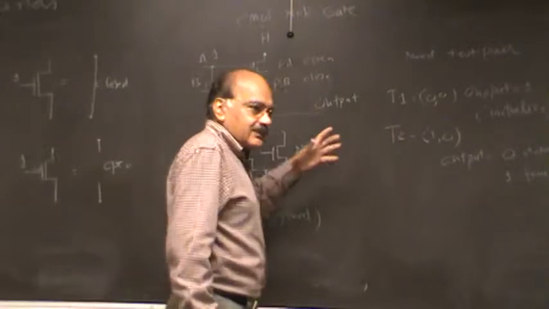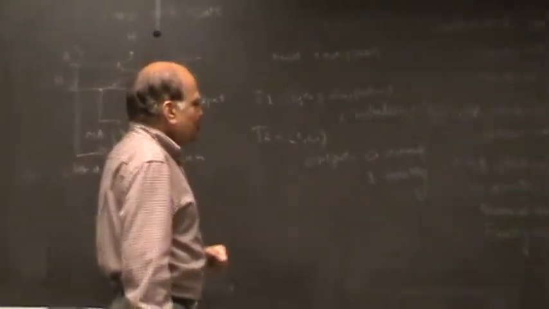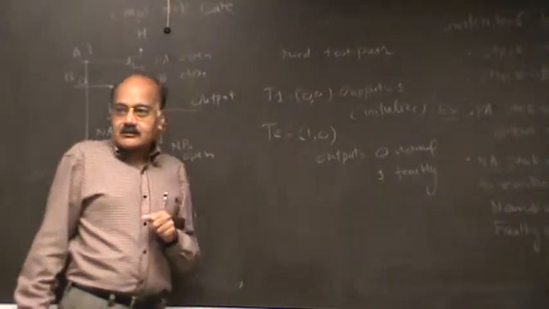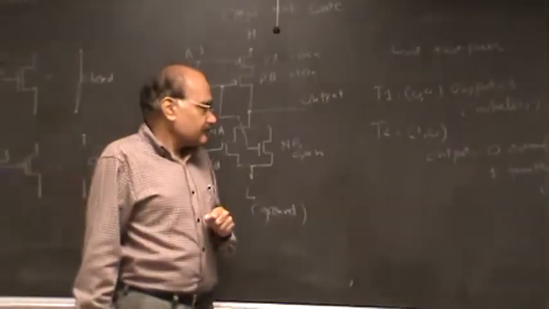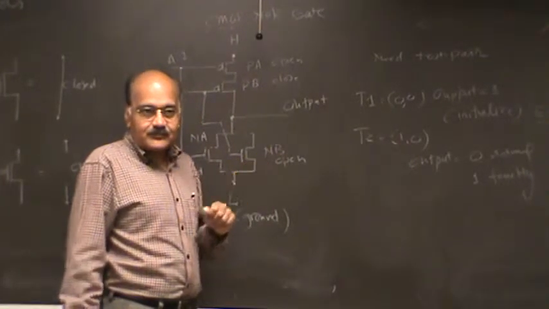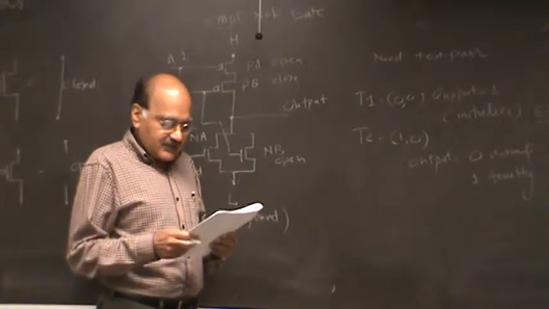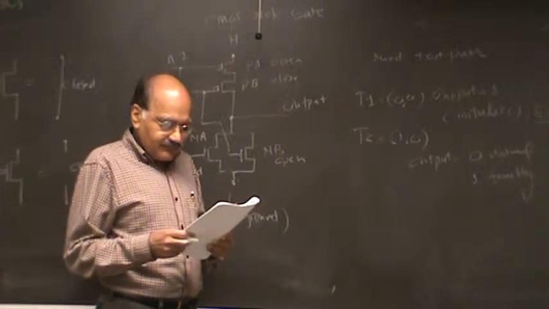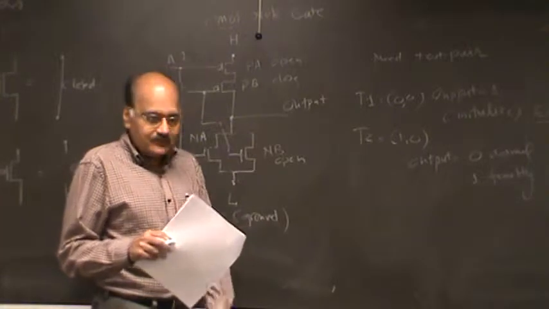So this suggests that in some cases, because of some opens, it would be required to apply a pair of vectors, which will detect the fault. Any questions or comments?